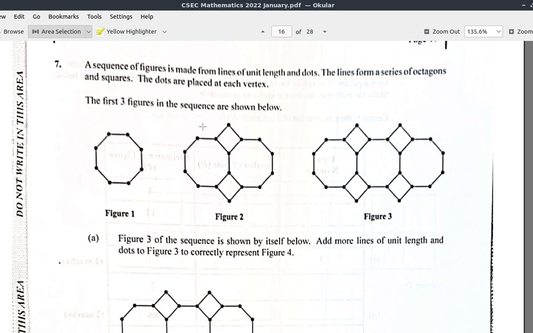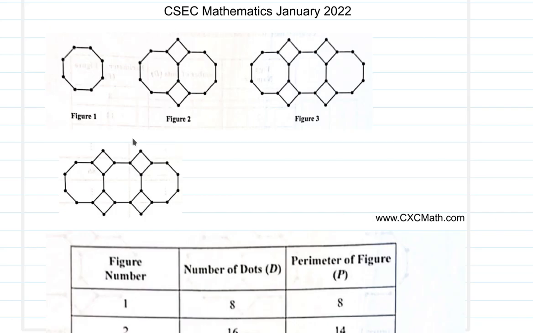The first 3 figures in the sequence are shown below. So you have this octagon. By the way, I had copied some parts of this question over here. So here now, you have the octagon.